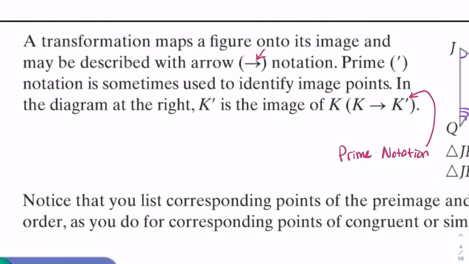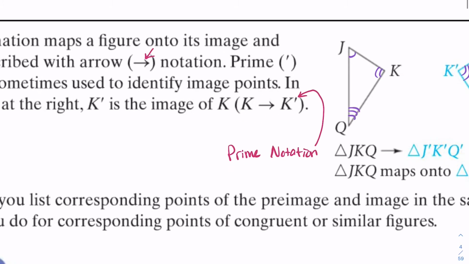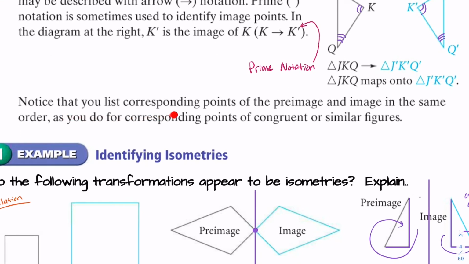In the diagram at the right, K prime is the image of K. So K mapped onto K prime. So you can say the angles, the points, the sides, the triangle are all mapped. Notice that you list corresponding points of the pre-image and image in the same order as you do for corresponding points of congruent or similar figures.